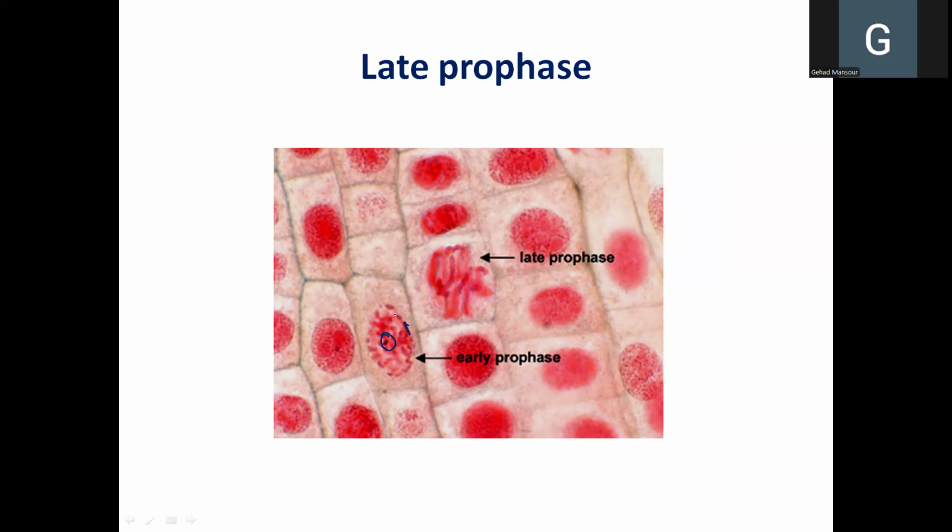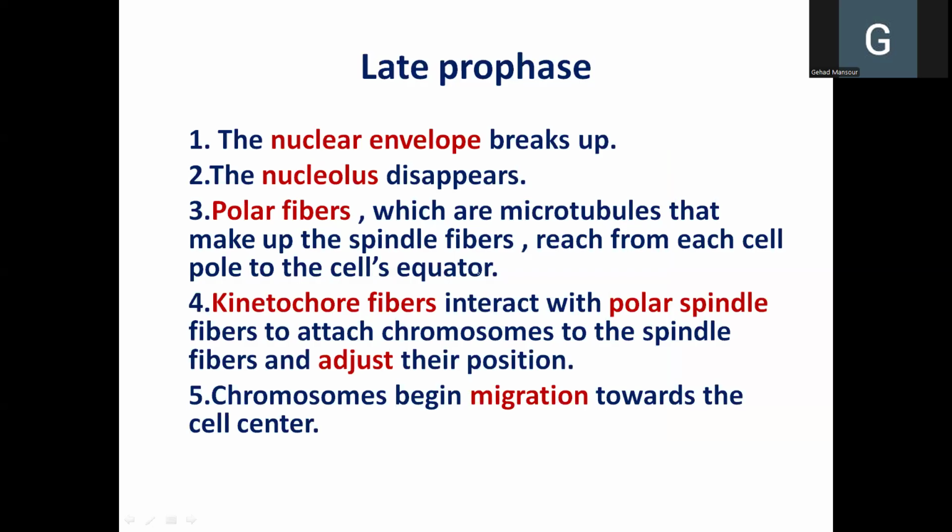Maybe we can see parts of the nuclear envelope, but in late prophase, all these structures that started degeneration in early prophase have disappeared, and we have visible, distinct chromosomes, and they are duplicated chromosomes, no nucleolus, no nuclear membrane.